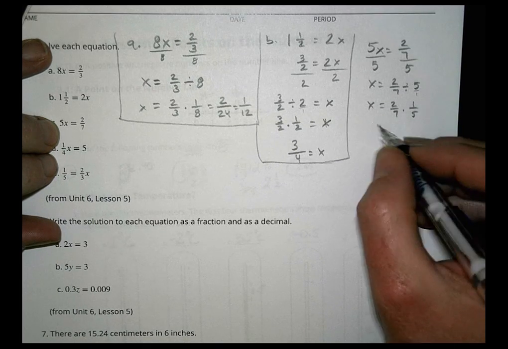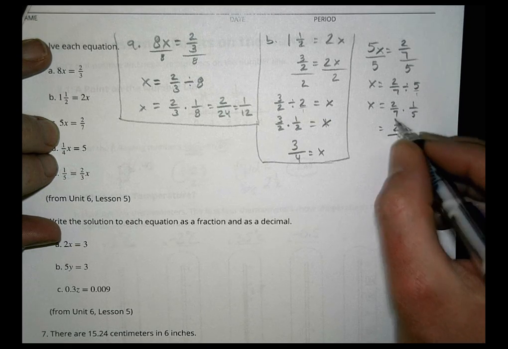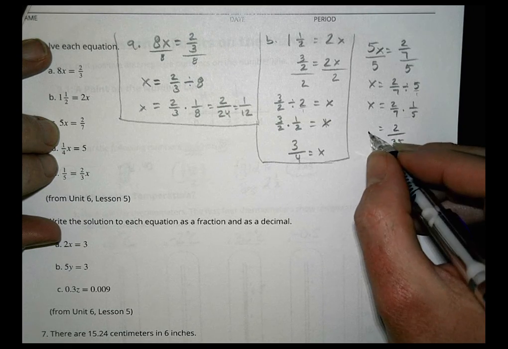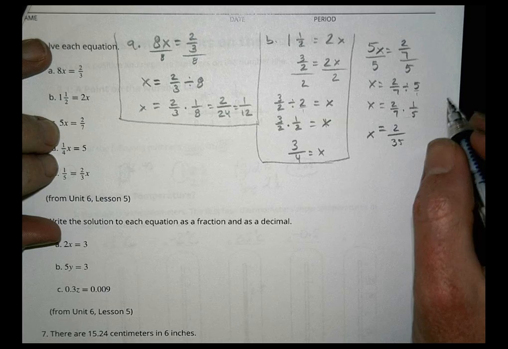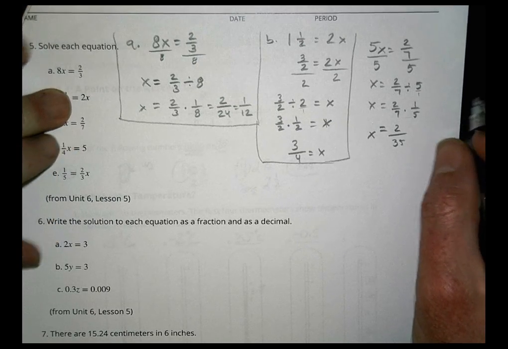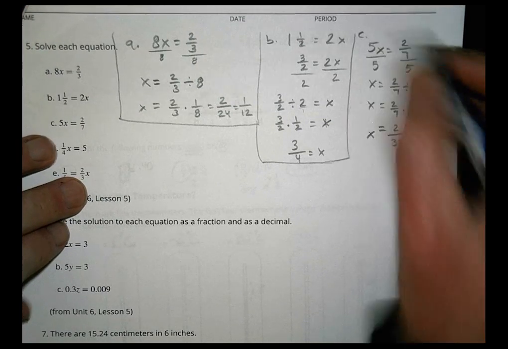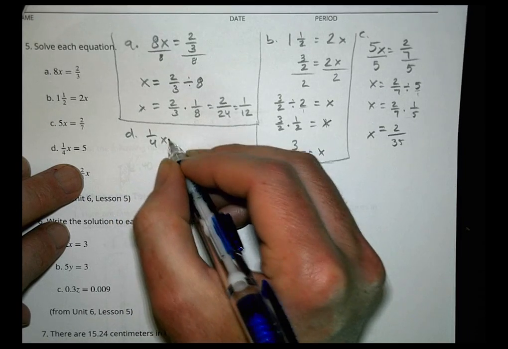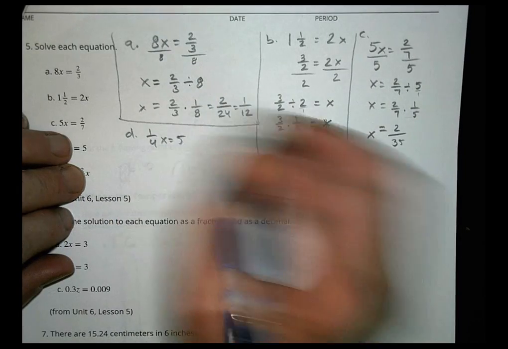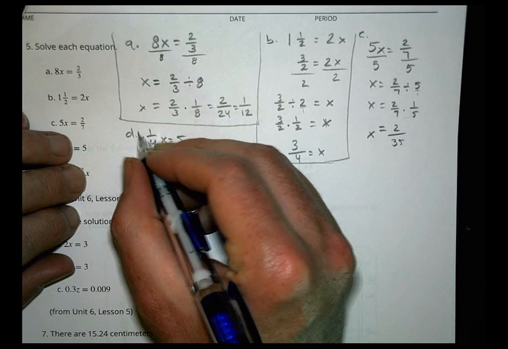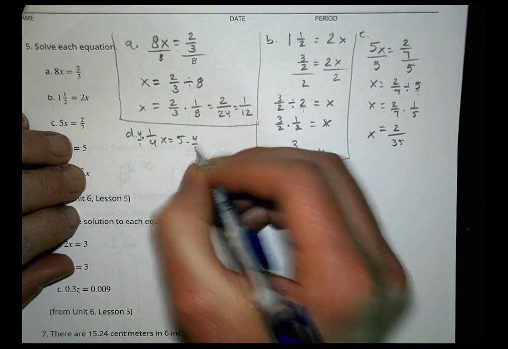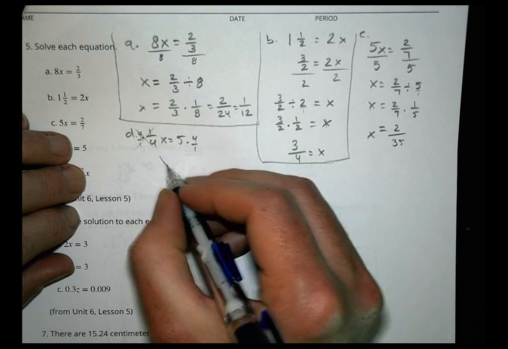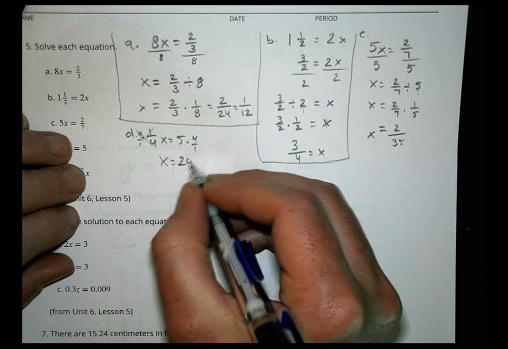And then we get 2 times 1 is 2, 7 times 5 is 35, so x equals 2/35. That's letter C. For D, we have 1/4 x equals 5. So in this case, I'm going to multiply just by the reciprocal right away. So this is eliminated, so x equals 5 times 4 is 20.